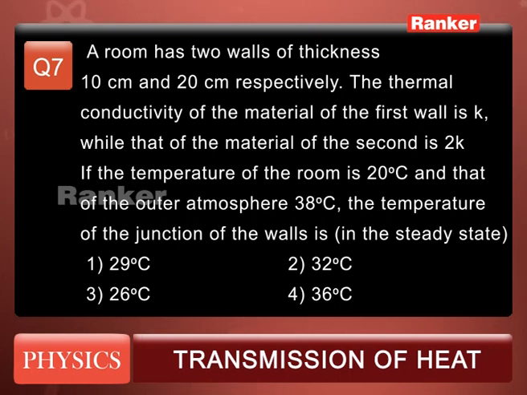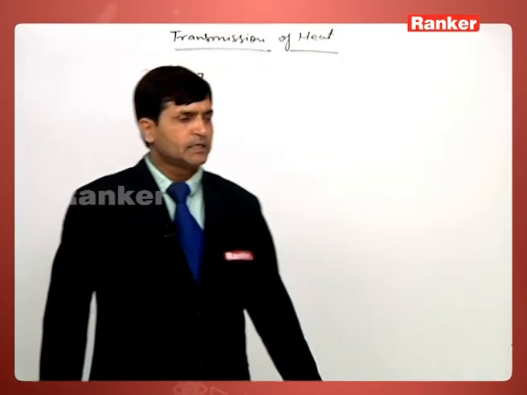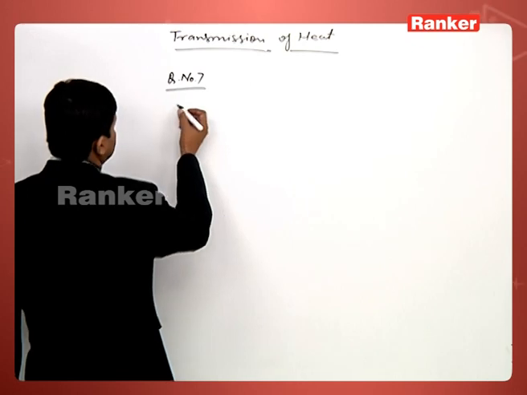If the temperature of the room is 20 degrees Celsius and the outer temperature is 38 degrees Celsius, the temperature of the junction of the walls in a steady state is: first option 29 degrees Celsius, second option 32 degrees Celsius, third option 26 degrees Celsius, and the fourth option 36 degrees Celsius.